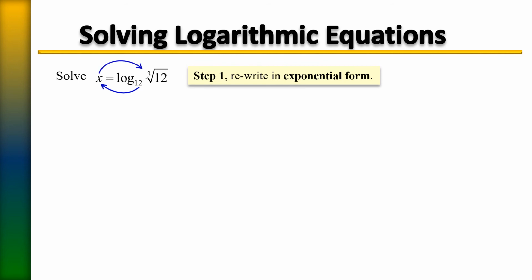So let's go ahead and rewrite that. Next, I want to rewrite the right side as a rational exponent. So right now it's a radical, and I want to do the reverse, which is write it as a rational exponent. Why? Because if you notice over here, you have a base of 12 to the left.